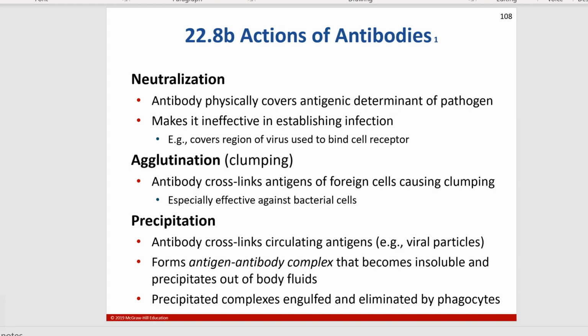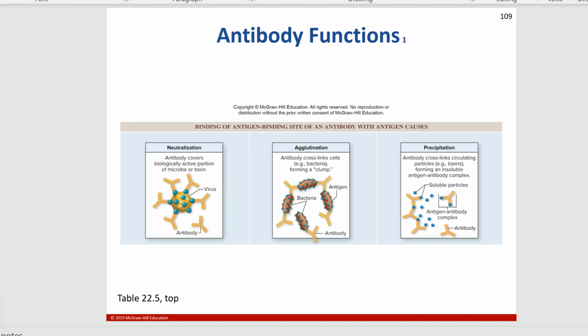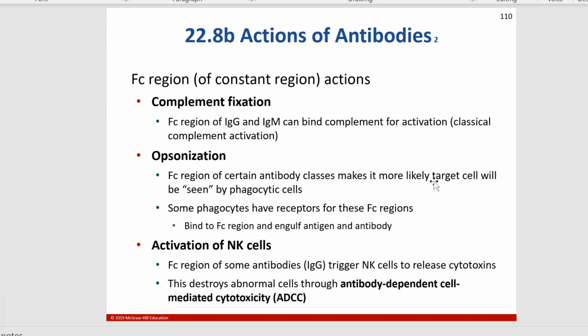They can precipitate, so it's not soluble anymore, making it easier to be found by phagocytes. So there's those three: neutralization, agglutination, and precipitation.